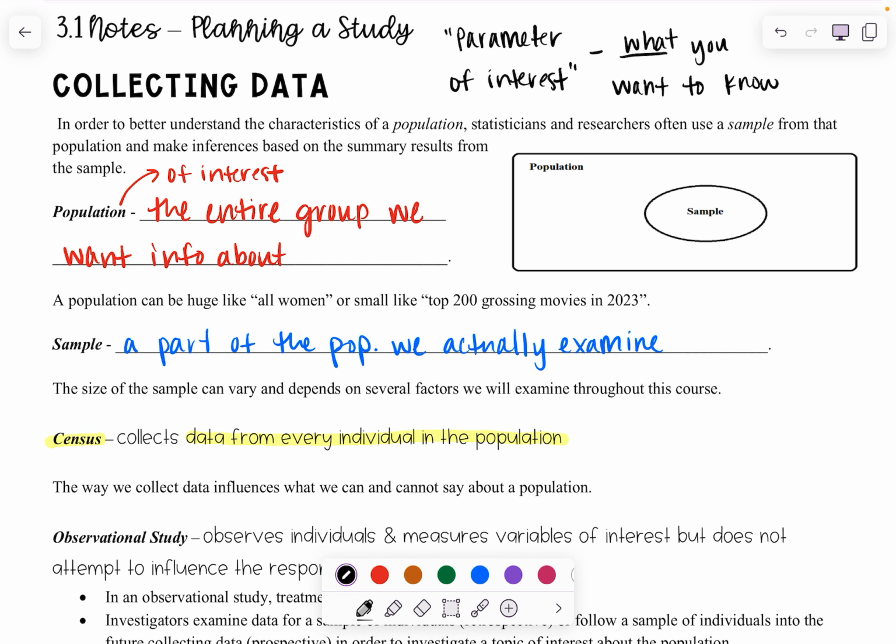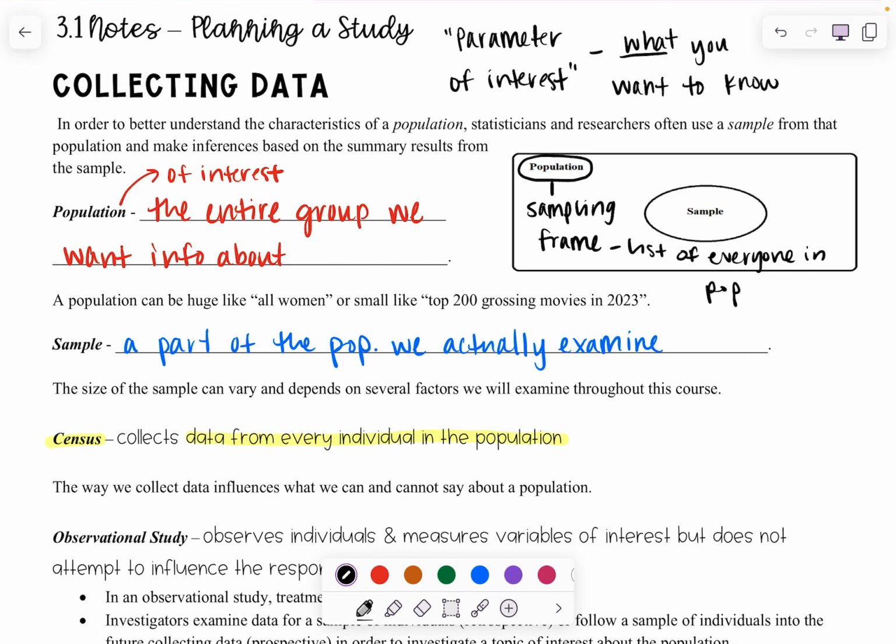Now, one thing about the population that sometimes is helpful is if you are able to have a sampling frame. Basically, all that is a list of everyone in the population.